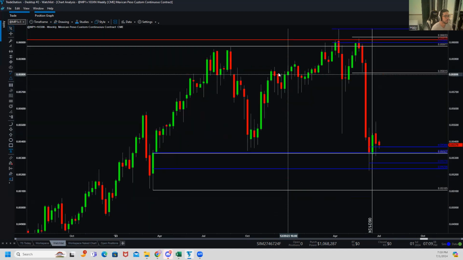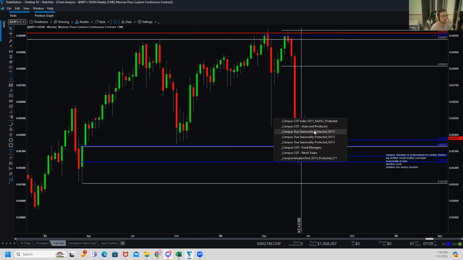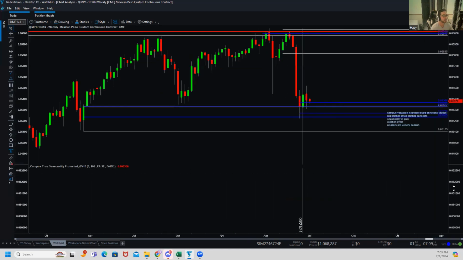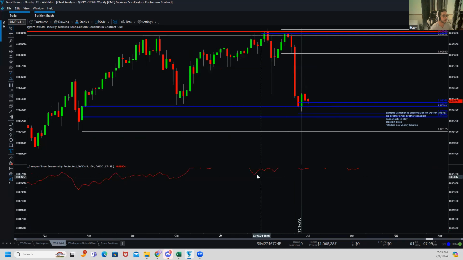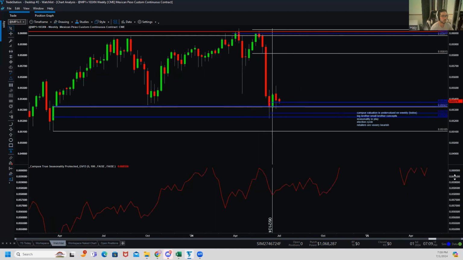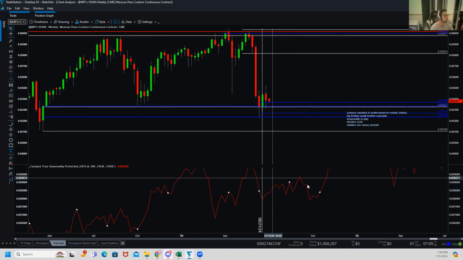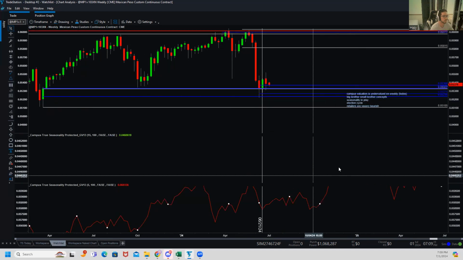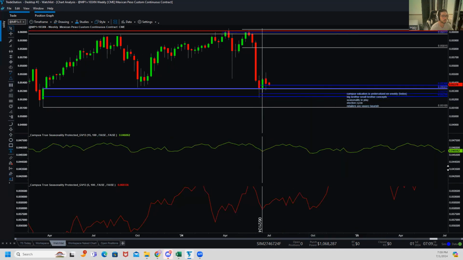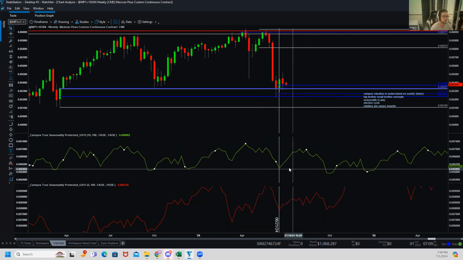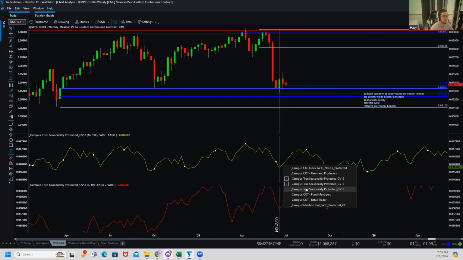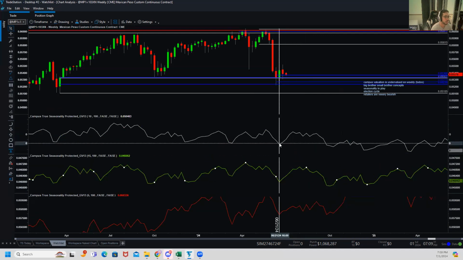Also, seasonality is telling us that price should go up. Actually, let's see. Exactly, yeah. We're expecting a bullish move according to seasonality.